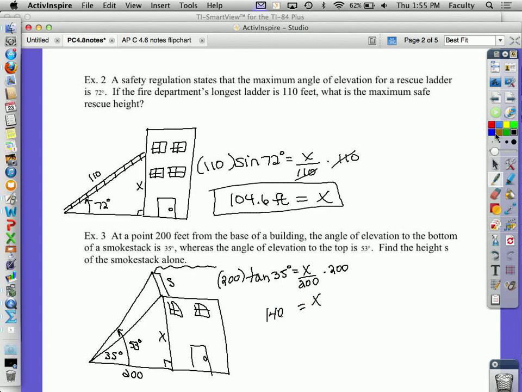Now the next thing we're gonna want to find, you can't find s right now. I can't say it's opposite over something else, because that's not a right triangle. But what if I call the height of the smokestack with the building y? Then I can say the tangent of 53 degrees is y over 200.